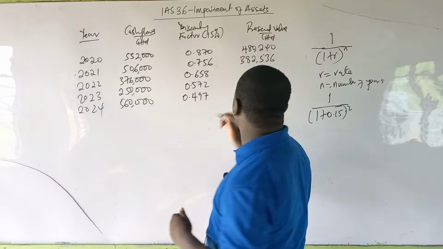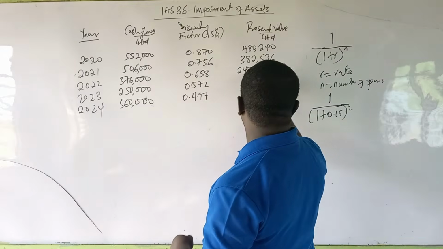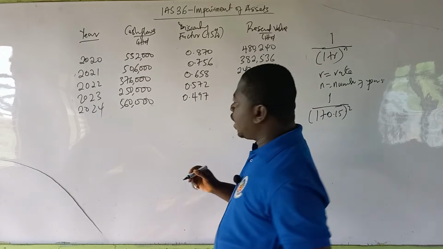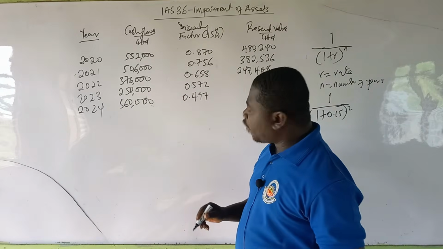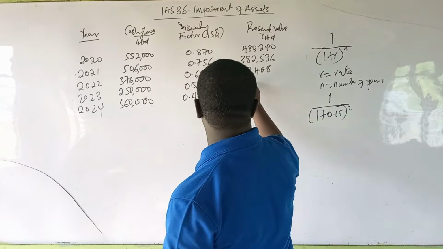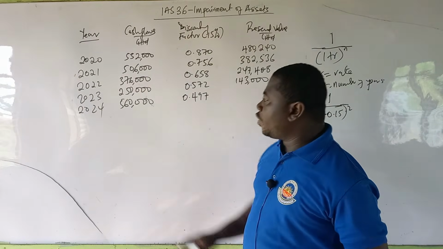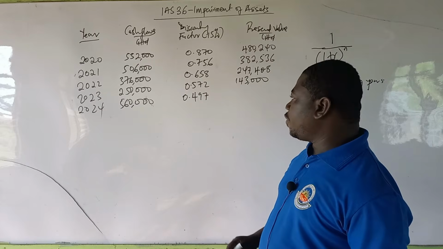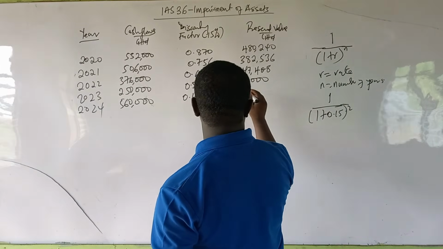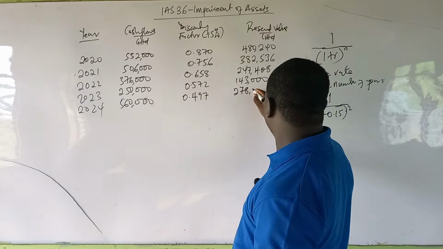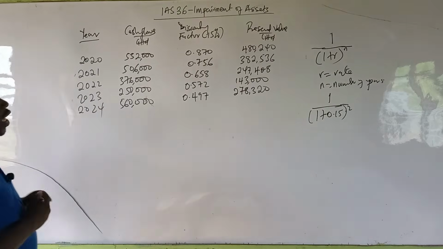That gives us 247,408. And then finally, we have 250 multiplying 0.572. That gives us 143,000. And the final one is 560,000 multiplying 0.497. That gives us 278,320. So these are the present values of the future cash flows.